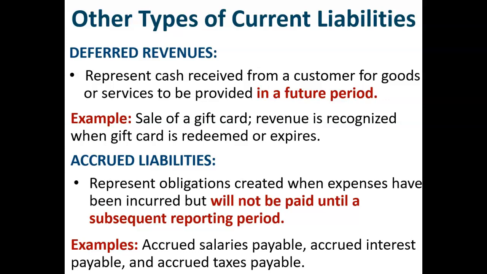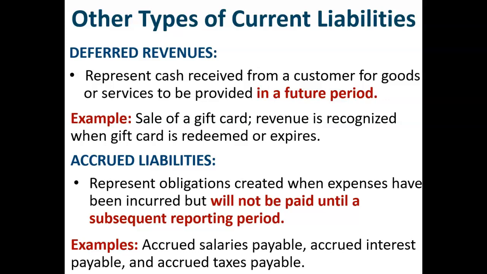Accrued liabilities represent obligations created when expenses have been incurred, but amounts owed will not be paid until a subsequent reporting period. For example, a company might owe salaries at the end of the fiscal year to be paid sometime in the following year.